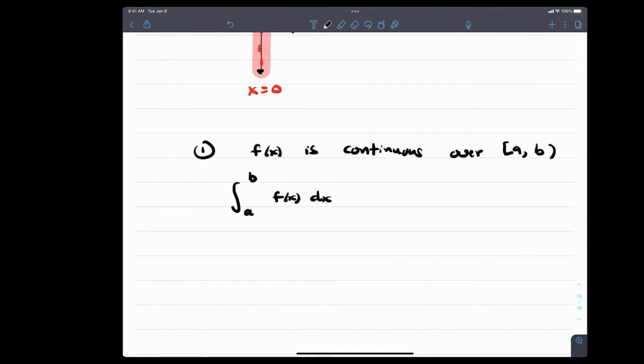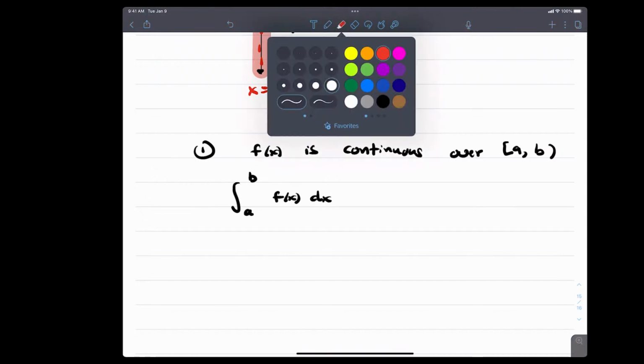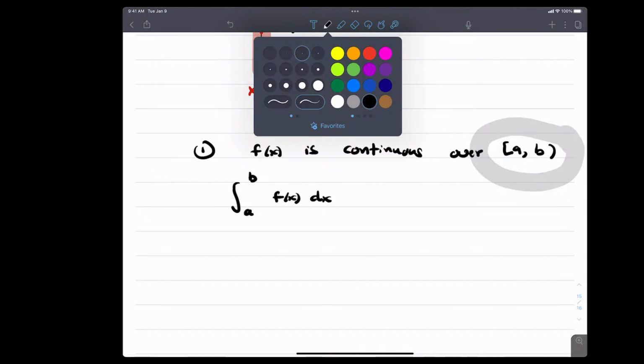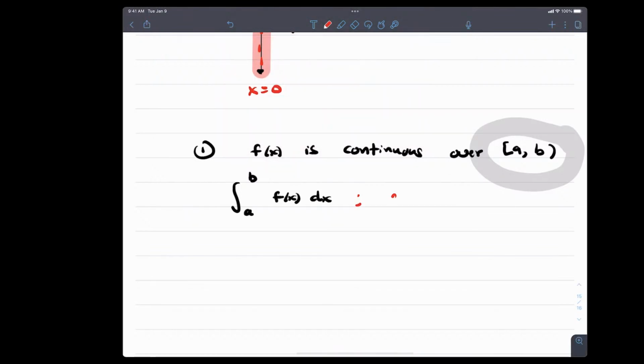But this function is continuous over, take a look at this. This is an important detail. If you notice how that interval was written, this function is discontinuous at the endpoint.